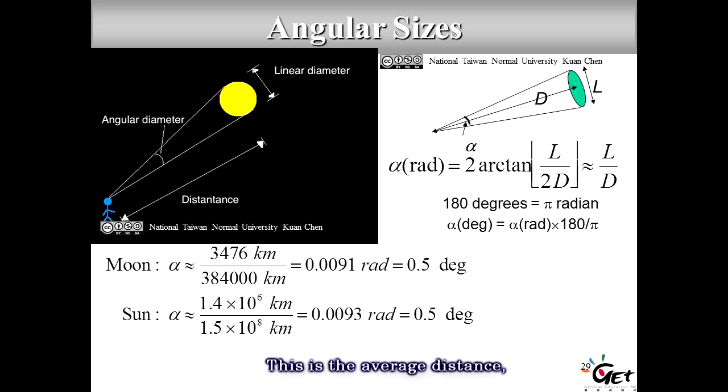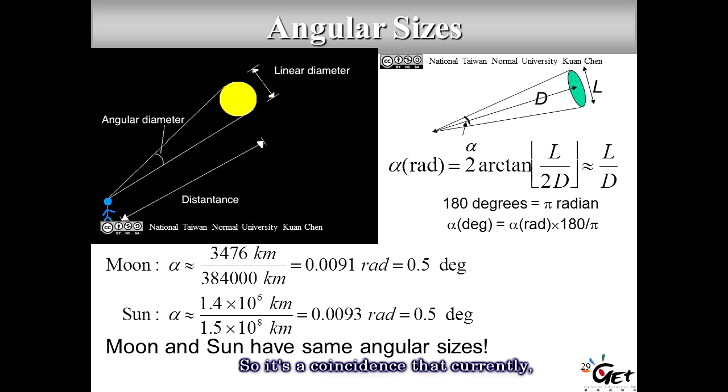This is the average distance, 380,000 kilometers. So you do the ratio, you get around 0.5 degree. Now you take the Sun. This is the diameter of the Sun, this is its distance, and you do the ratio, it's 0.5 degree. So it's a coincidence, but currently, as of today, the Sun and the Moon have exactly the same angular size.